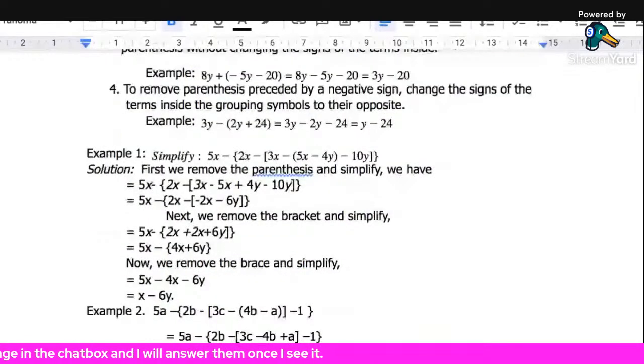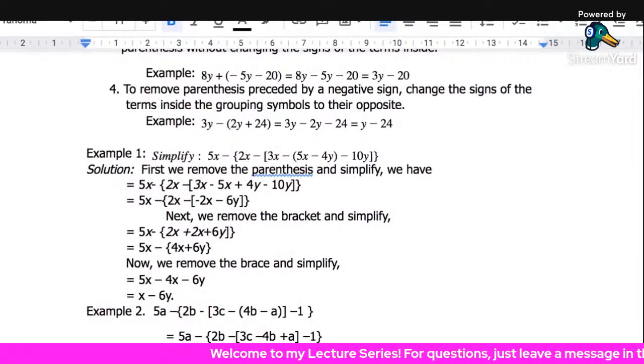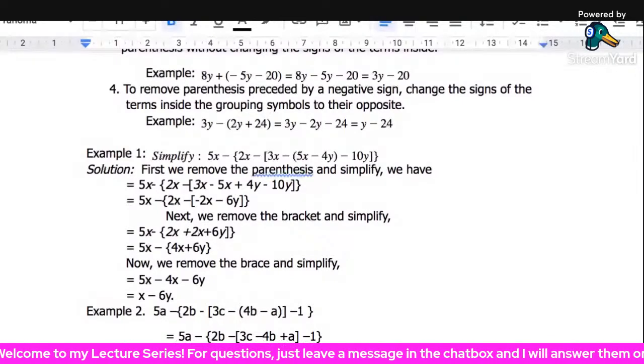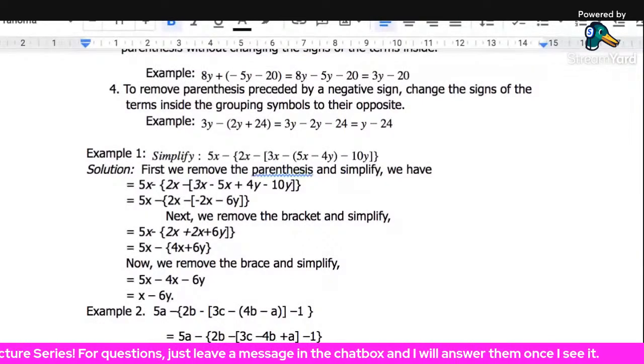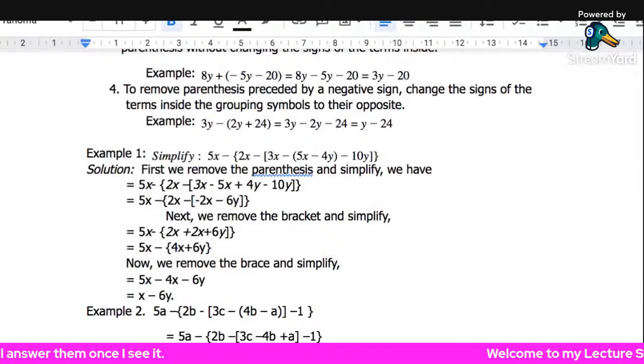To remove parentheses preceded by a negative sign, change the sign of the terms inside the grouping symbol to their opposites. So for example, here you have 2y minus, okay, the quantity 2y plus 24. So you just change the sign of 2y, which is positive 2y, it will become negative 2y.